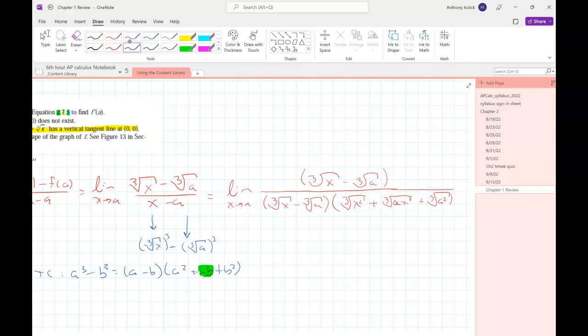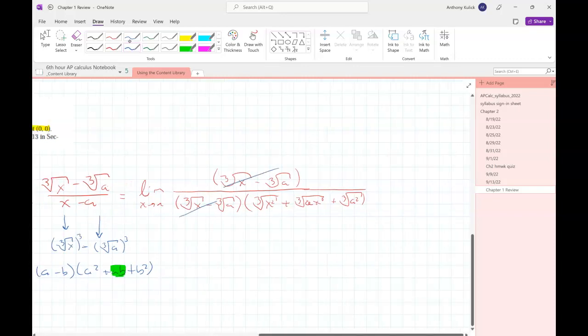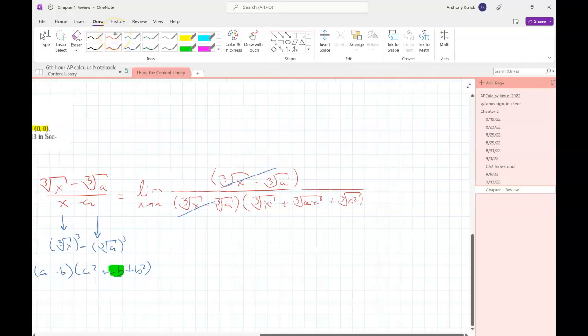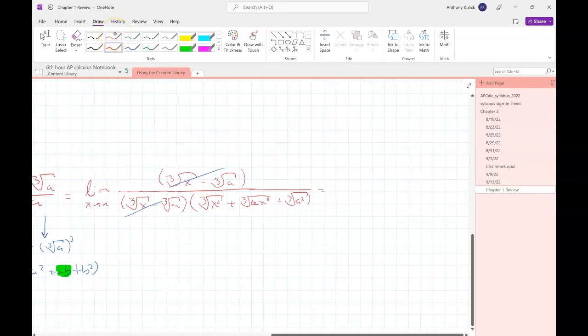Okay, so we see now why that difference of two cubes factoring pattern was quite useful here, because it's going to allow me to do that reducing. Which is great, because that was the part that was giving me the zeros.